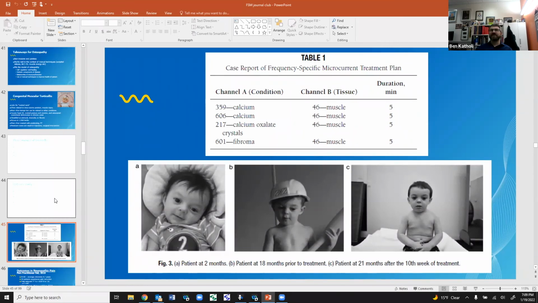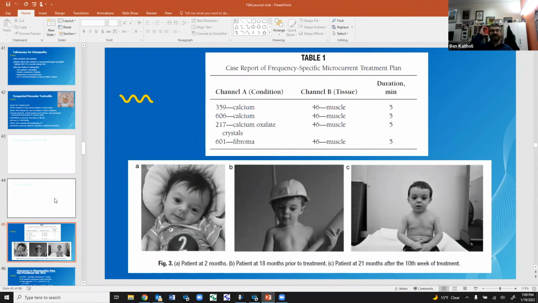So she treated calcium deposition and fibrosis, and then the only tissue she treated was the muscle belly, which is the frequency for that is 46. So this is the frequency for sort of this sarcolemma, but we have frequencies for the myofascial part, and kind of tendinous insertion and different other parts of the muscle.